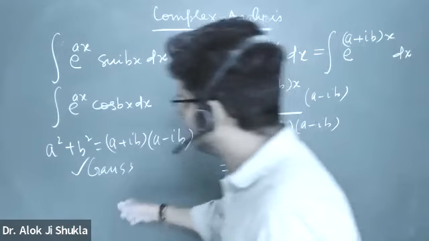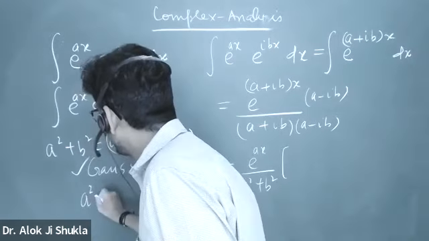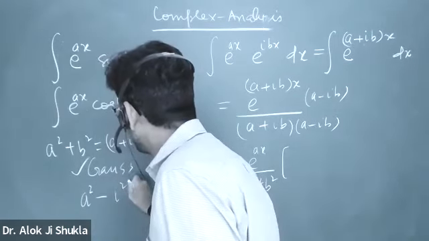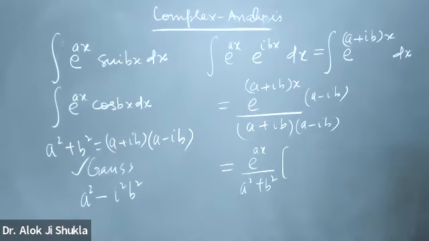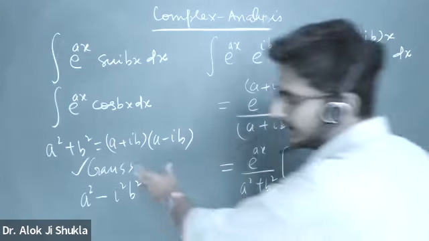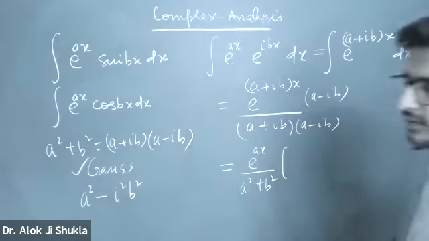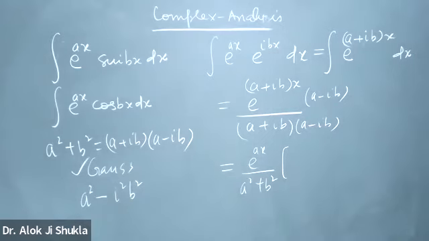And this is so simple that you just write a square minus iota square b square and then use your simple formula of a square minus b square. So this brilliant thing was done in one of the works of Gauss first time, and then everybody started using it.